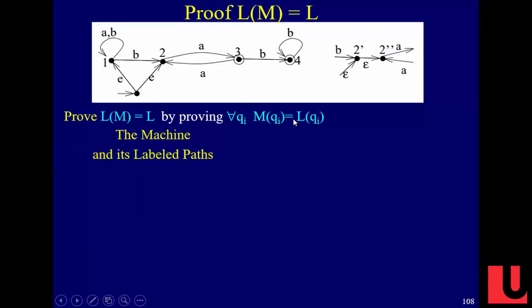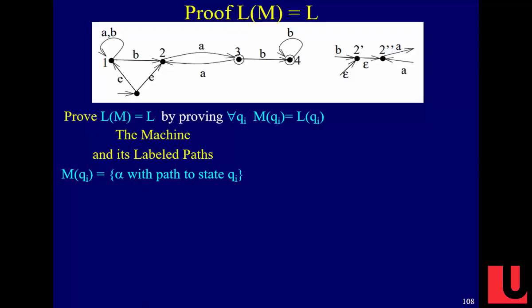All right? So first, there are going to be two different worlds. There's going to be a divide line here. First we're going to talk about the machine and paths in the machine, and each path has labels along it, right? And so we're going to talk about M Q_i for state Q_i, which will be the set of all strings alpha such that there's a path to state Q_i labeled with this string alpha.